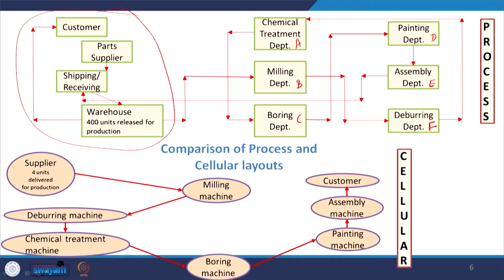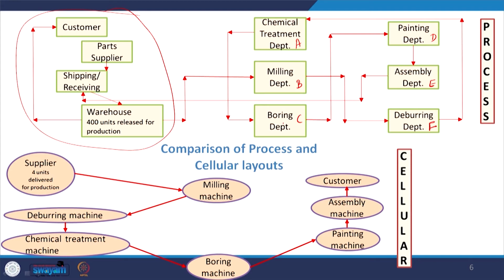So, you see the part supplier, from here our journey is starting. You are receiving the supply, then you are putting them into the warehouse, and then these parts are going to milling, and then from milling it is going to deburring section, and then it is going to some other section, then to other section.